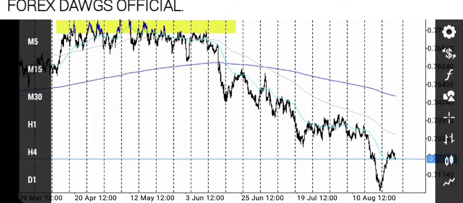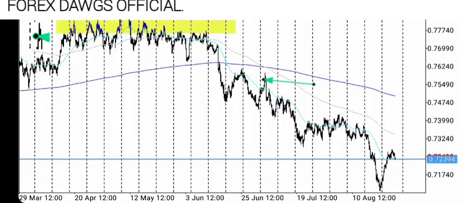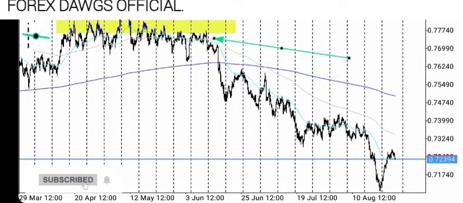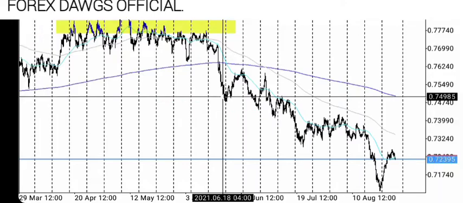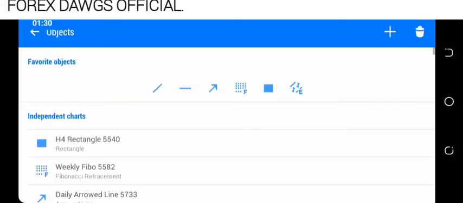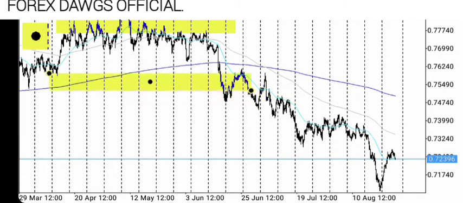As you can see, this is our downtrend because we had our high here, which is actually the peak. Then we had this low, we had this high, we had this low, we had this high, then we had this low. So this is generally a downtrend.